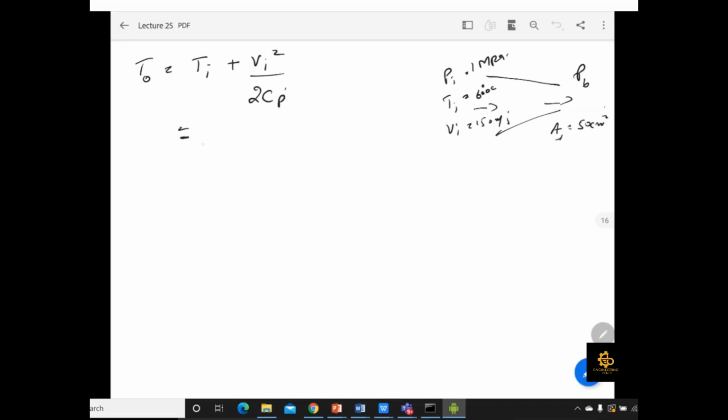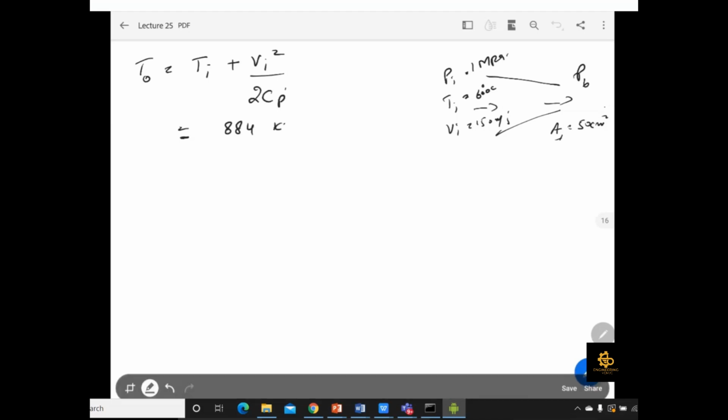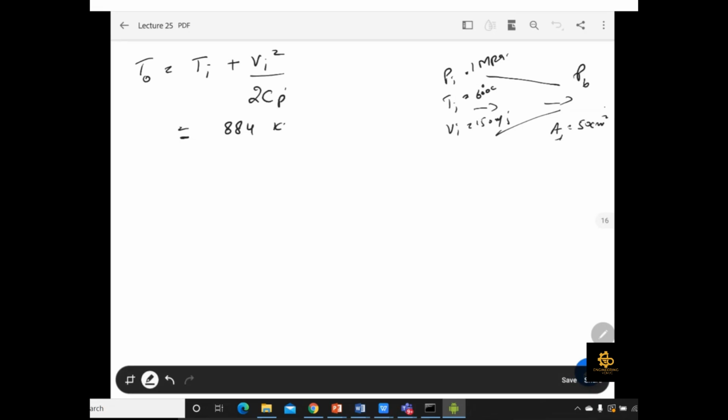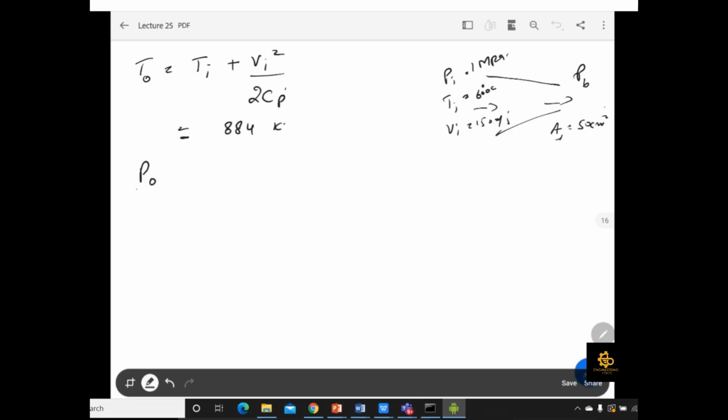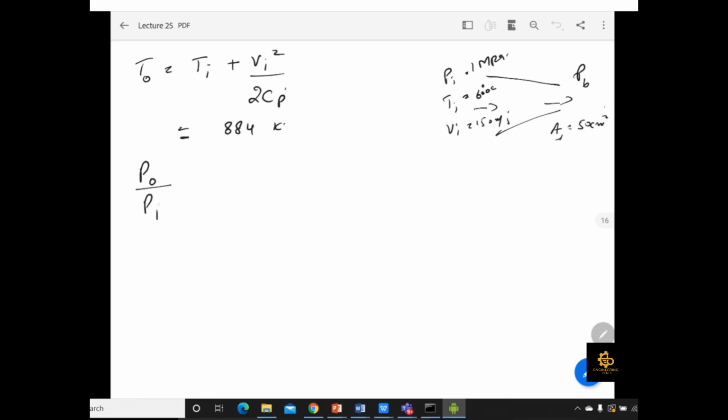I'm not going to plug in all these values, so you have to plug them in by yourself. I'm just going to write the final value. Similarly, you have to find the stagnation pressure as well. Simply apply the isentropic relation: P naught over Pi is equal to T naught over Ti to the power K divided by K minus 1.